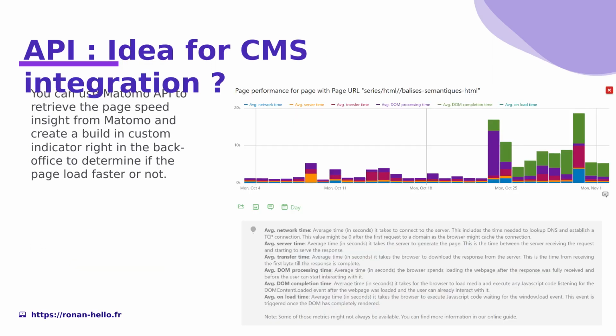An idea of CMS integration of that Matomo API comes from the changes to the Google search engine and the integration of the core web vitals. So here, it's an idea that we can build a plugin for a CMS like WordPress to show up, just on the line of the table that displays all the pages or all the posts published on your website, a clear red-to-green indicator to determine if the page loads faster or not.